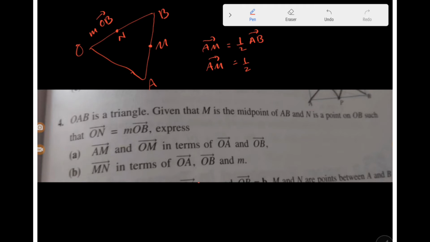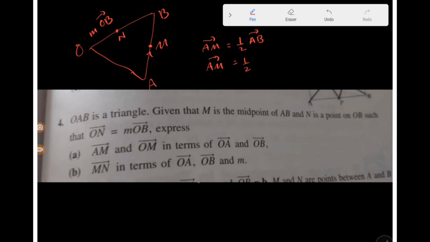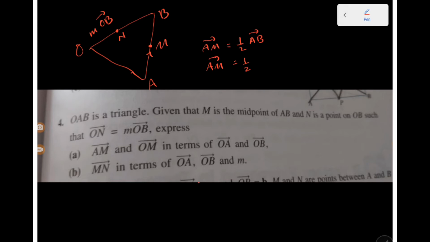We can find vector AB like this: since it is A to B, the arrow must go from A to B, and A to B simply means AO plus OB, or in other words, OB minus OA. I hope you understand that. If you learned about this concept yesterday, it must be easy for you. But I'm just going to write it down.